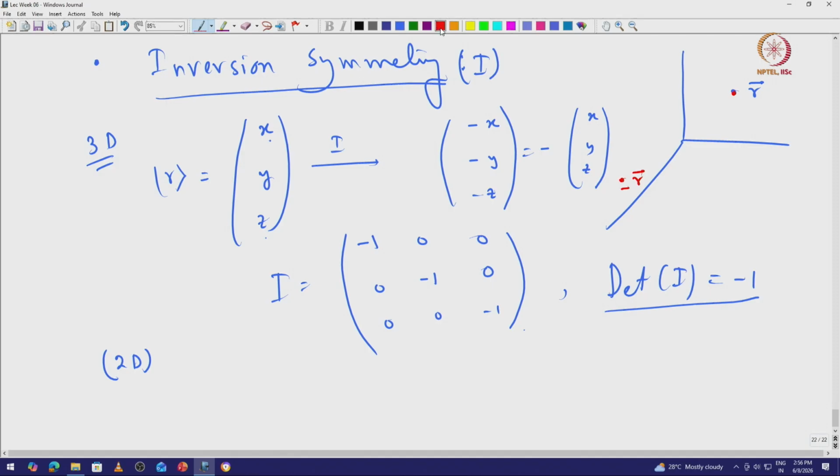Let me use a different color. So I have some point r equal to x, y, and minus x, minus y. This will be our common sense of defining the inversion going from r to minus r.